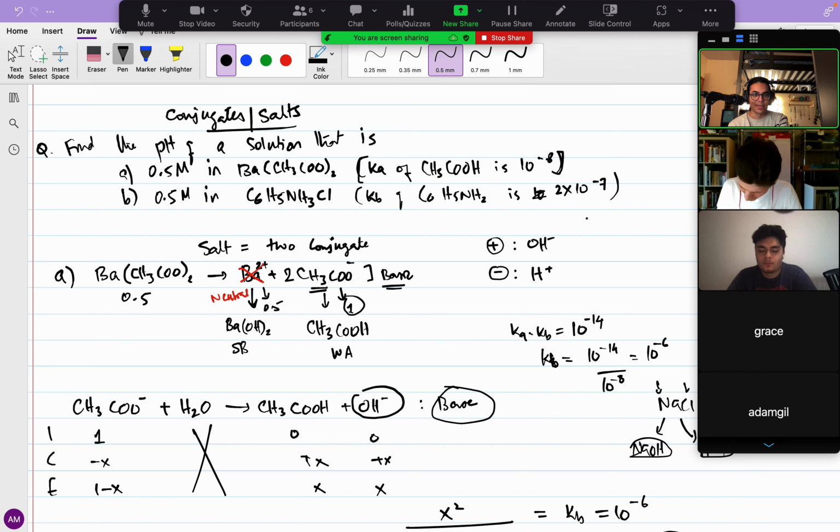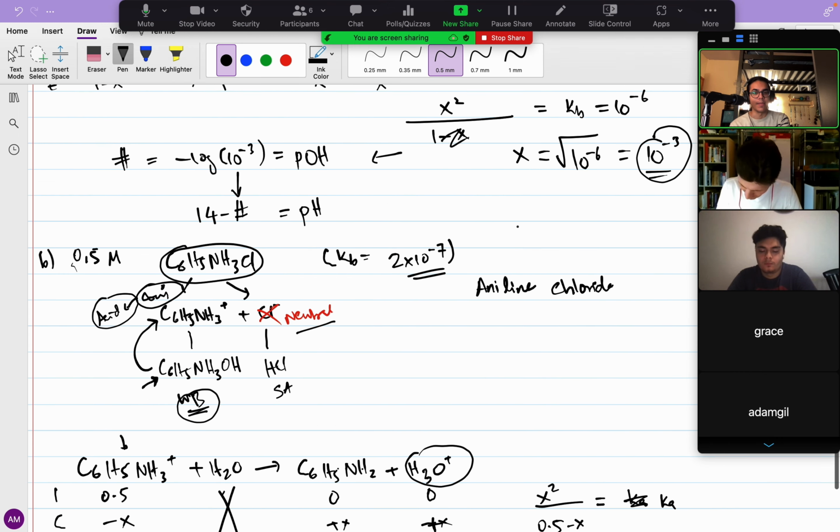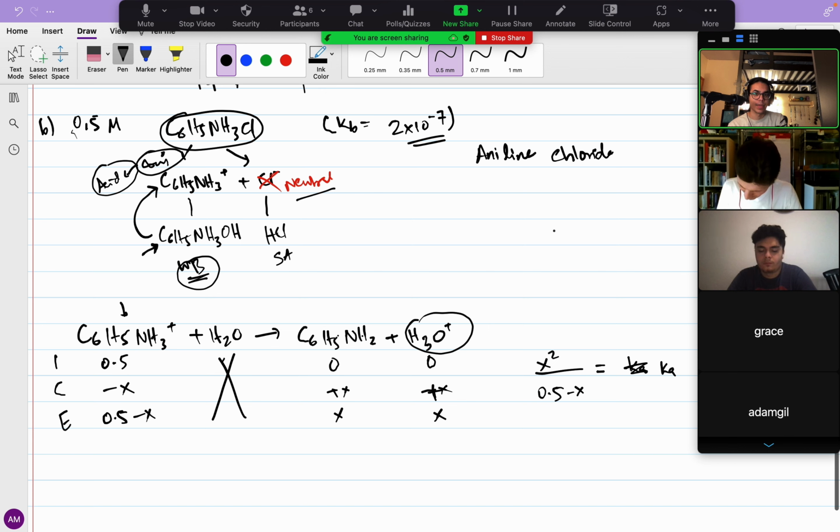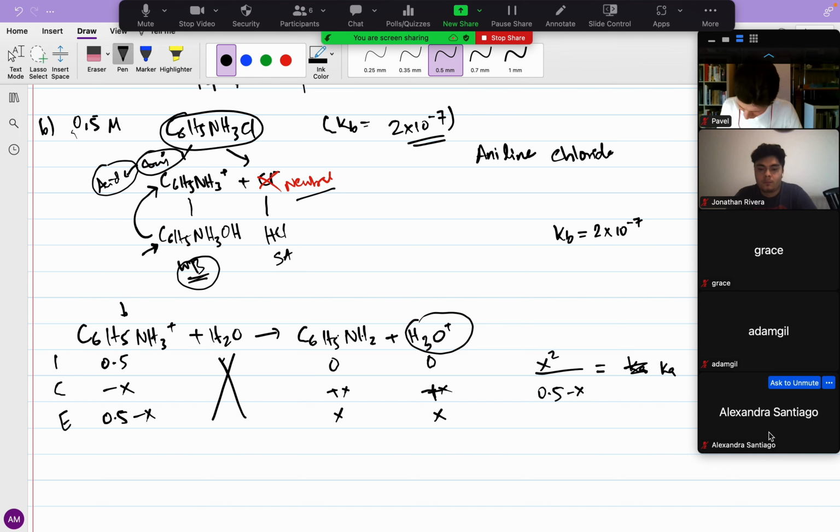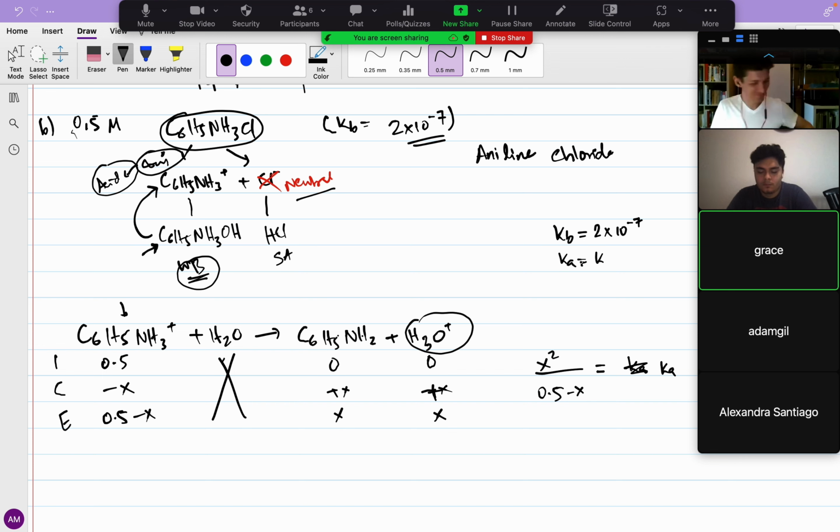So 2 times 10 to the negative 7 is the Kb. All right. Grace, do you remember how to convert Kb back to Ka? Ka times Kb is going to be 10 to the negative 14. Exactly. What do I do next?